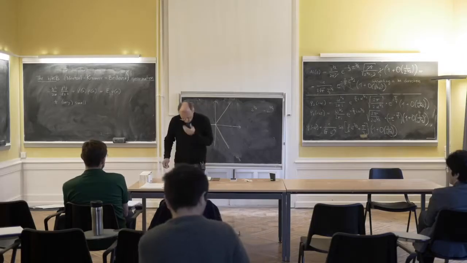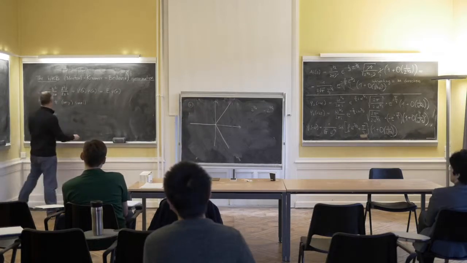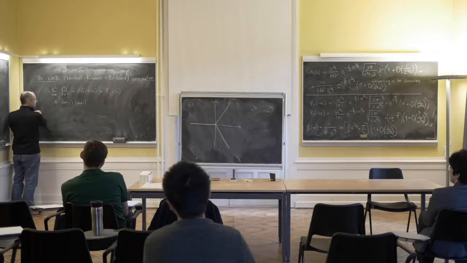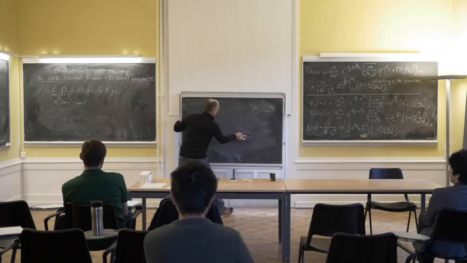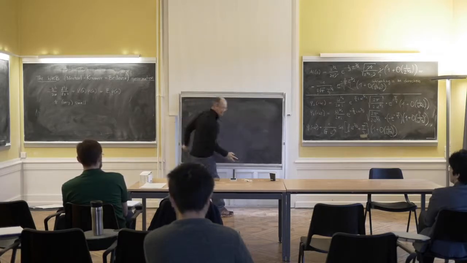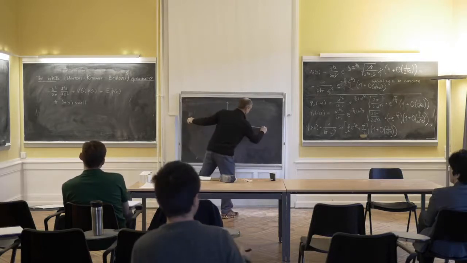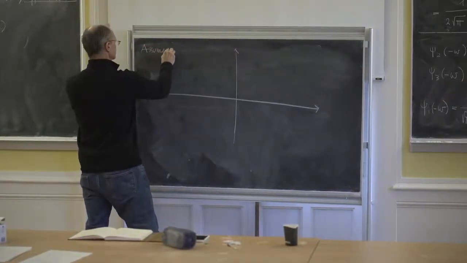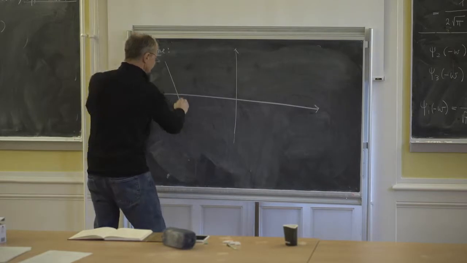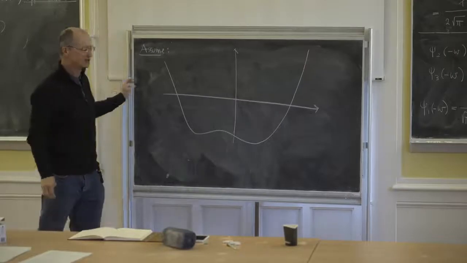Okay, so in fact, I will be specifically looking for the following situation for V of x. Let me perhaps draw it here. We'll be starting, for this complicated problem, with V of x with some properties. So let's assume that V of x is some kind of potential well.